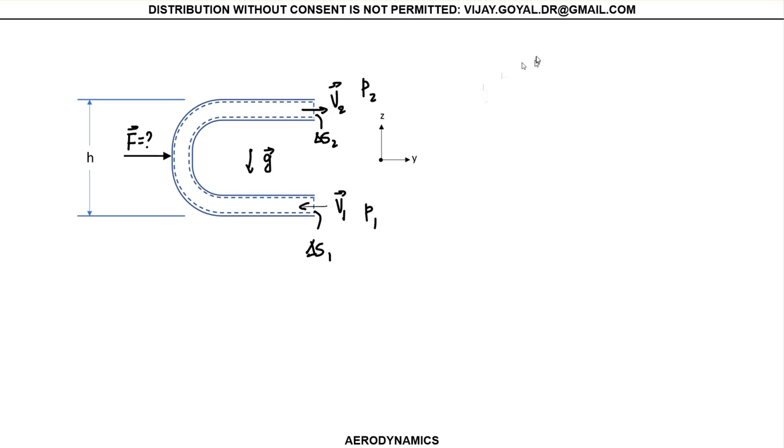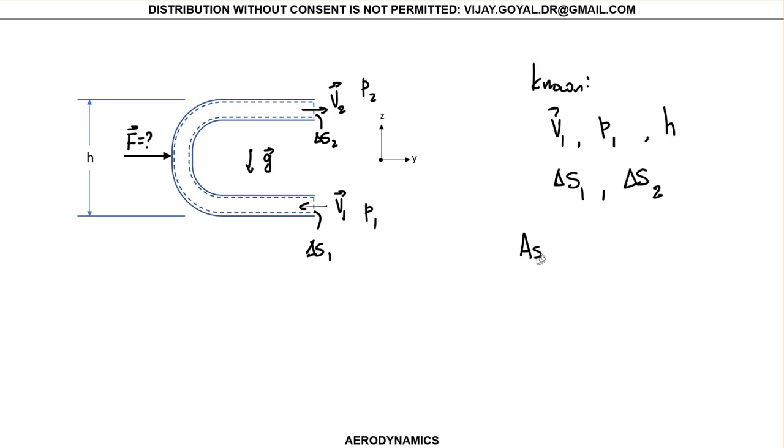And what is known in the problem: V1 is known, your pressure 1 is known, height H is known, and you know your delta S1, you know your delta S2. I'm sorry, 1 and 2, okay? So these are known values.